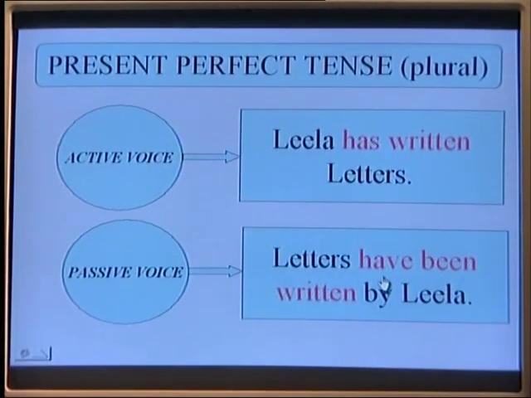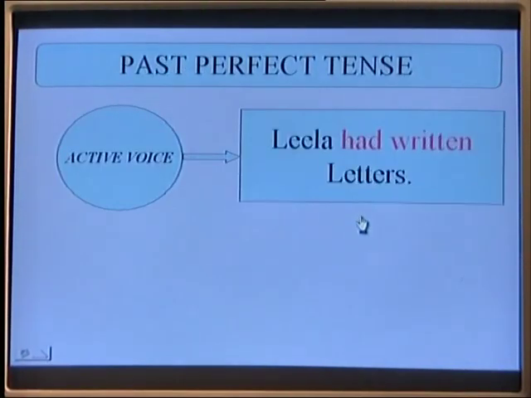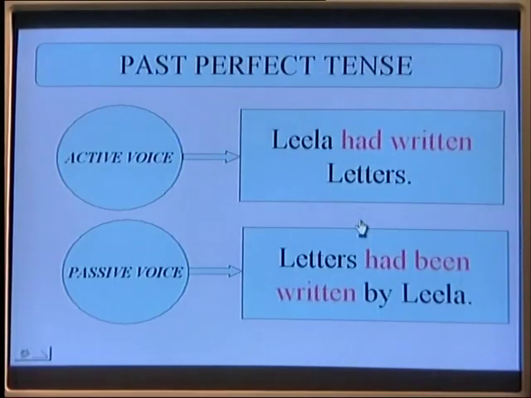Because letters is plural, we have used have. In perfect tense again, Leela had written letters. Letters had been written by Leela. Okay.